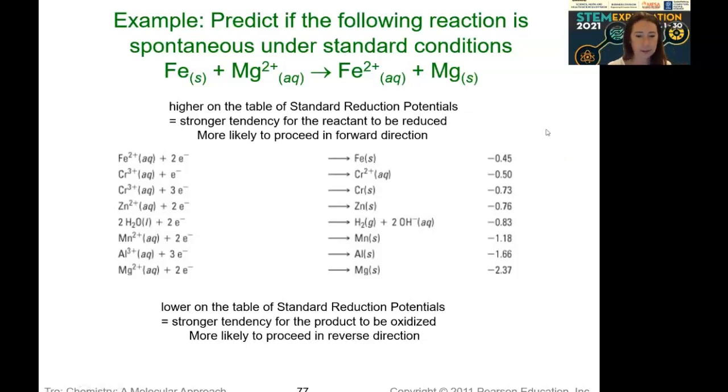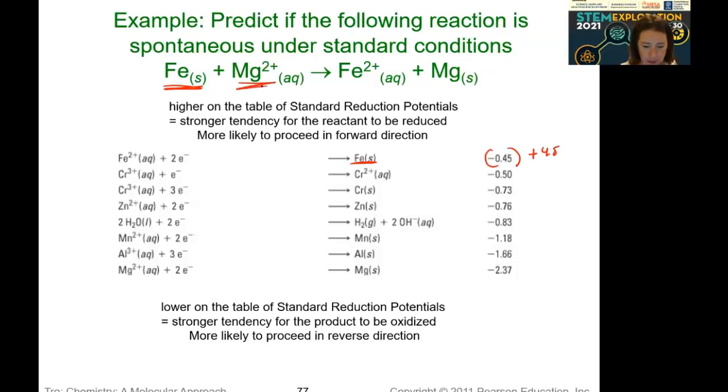Okay, so let's try this one. Predict if the following reaction is spontaneous, meaning will it happen under standard conditions. Remember, higher on the table, more likely to be reduced, more likely to go in the forward direction. So let's see here. We've got iron, backwards, right? Plus 4.5.